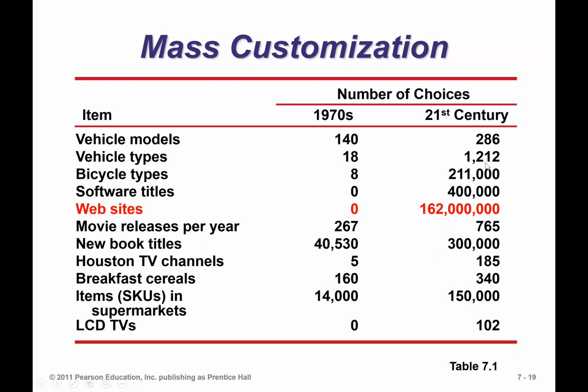Now you have 1,212 types of vehicles in the 21st century. Bicycle types, you had 8. Now you have 211,000 types. Software titles, you had none in the 70s, right? Now you have 400,000 software titles because there were no computers in the 70s, right? Websites, you had nothing in the 70s. Now you have 162 million websites. That's just showing you, right? I mean, an example.